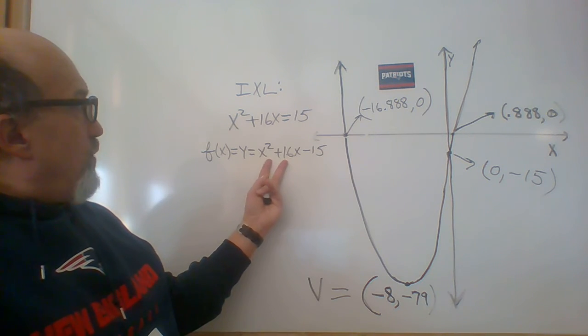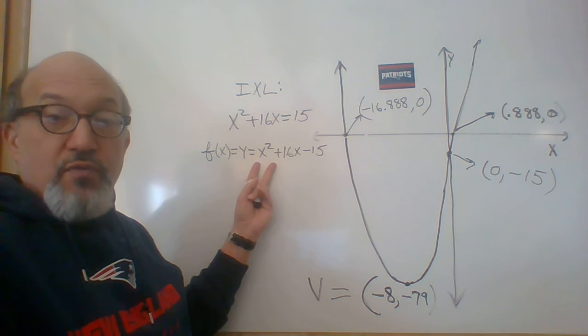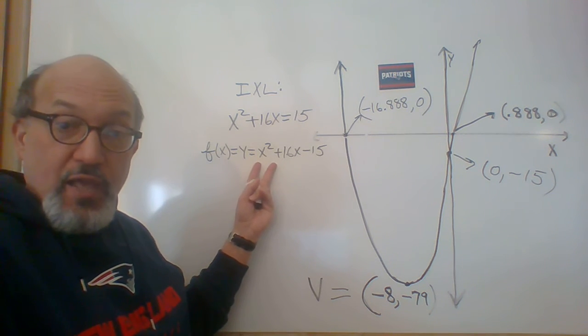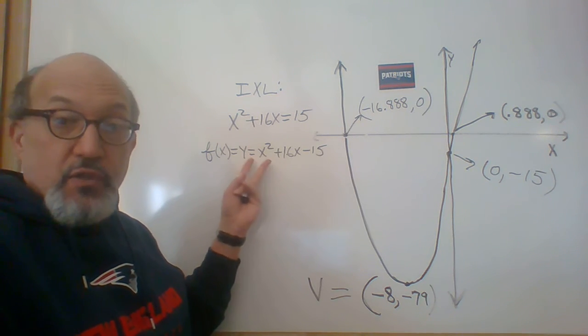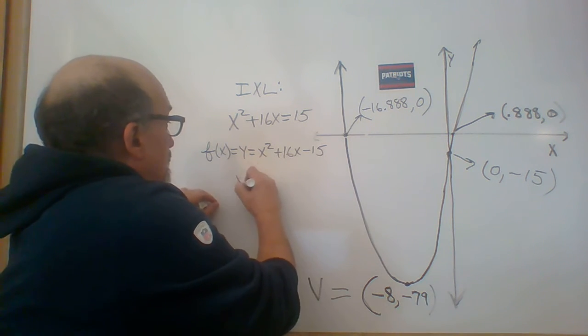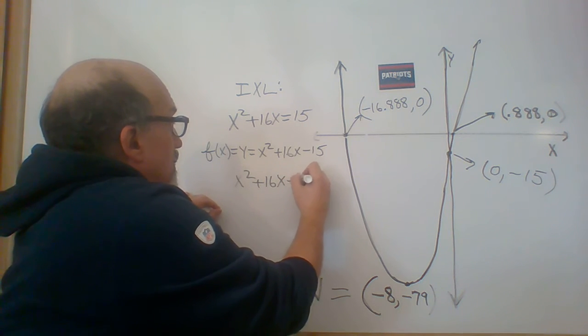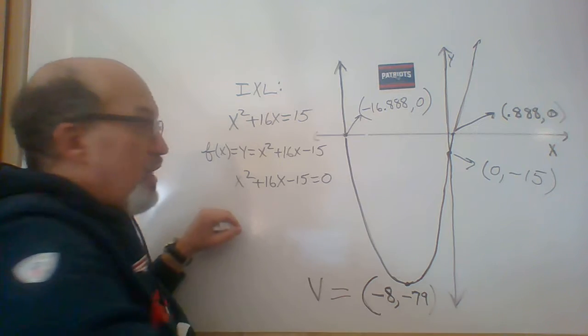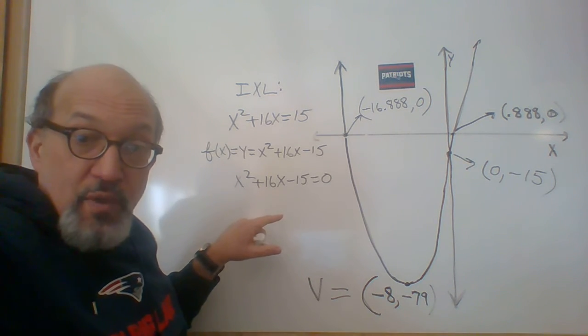Now, if we want to find the two places where the graph of this function crosses the x-axis, the x-axis is where y, or the f of x, is 0. So we set the function equal to 0: x squared plus 16x minus 15 equals 0. We might want to note here that this trinomial cannot be factored.